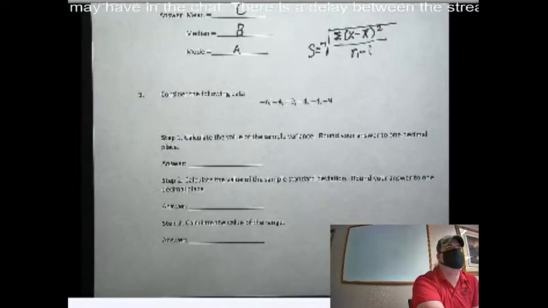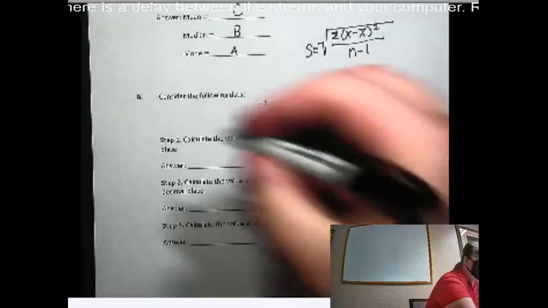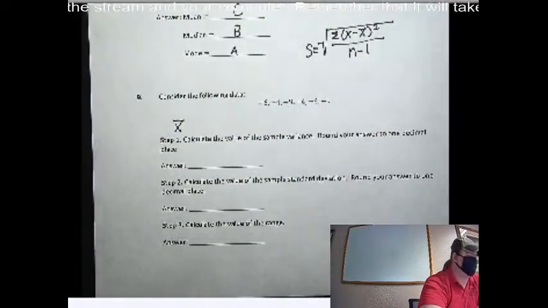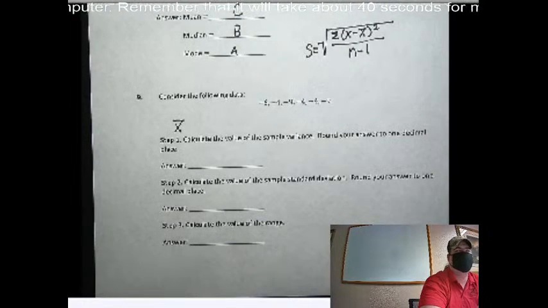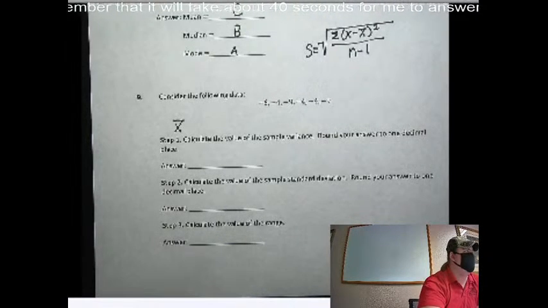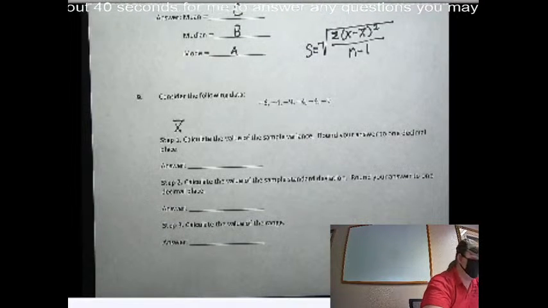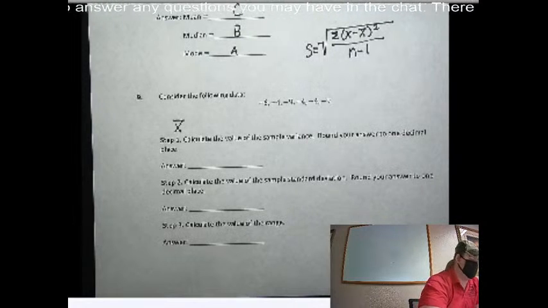Okay, so the first thing we need is the mean, the x bar. Remember, x bar is mean for a sample. And it doesn't calculate any differently from mean for a population. It's just we need to make sure that we understand what we're talking about. That's why we call them different things. Okay? So we add up all these numbers.